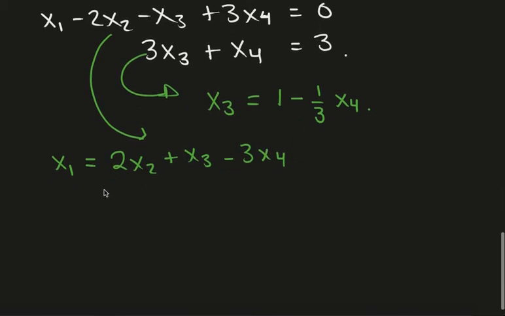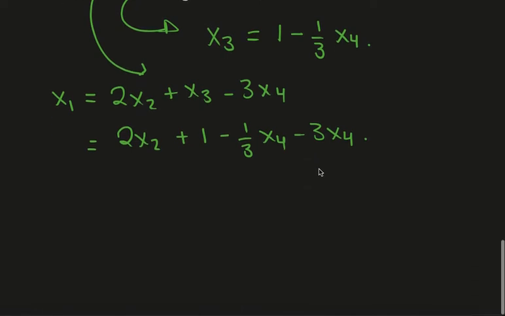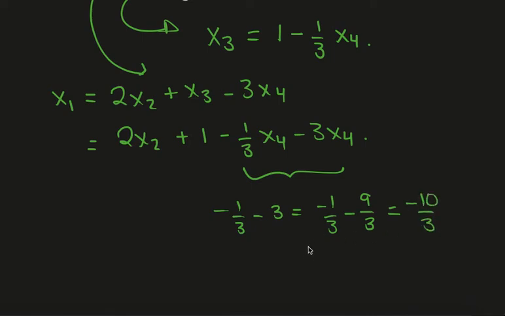Okay, so that's fine. But we can also write this as 2x2 plus 1 minus 1/3 x4 minus 3x4. Now, minus 1/3 minus 3 is the same as minus 1/3 minus 9 on 3, which is minus 10 on 3.